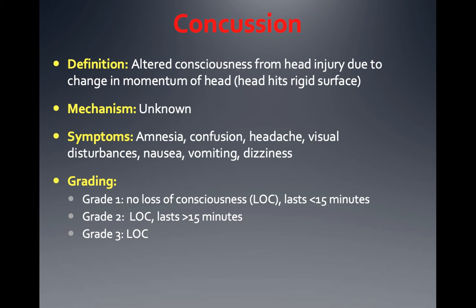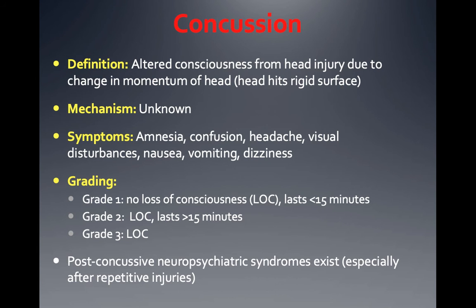Now, when we grade a concussion, this tells us how bad a concussion is. There's a lot of different ways to grade this, but basically, number one, no loss of consciousness, or it lasts for less than 15 minutes. Number two, you have some loss of consciousness, and it lasts for more than 15 minutes. Number three, you have loss of consciousness, and the person will take a long time, if ever, to regain consciousness.